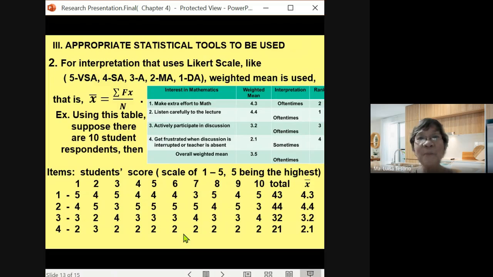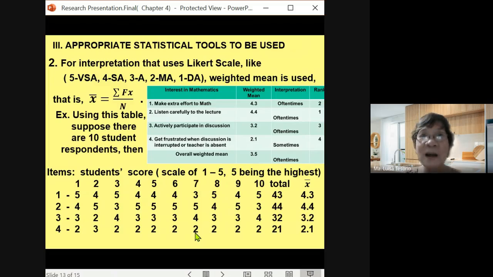This is very important in your computation of data, in your analysis of data. And after getting the different weighted means below your table, that's where you will explain the meaning of each of this computation.